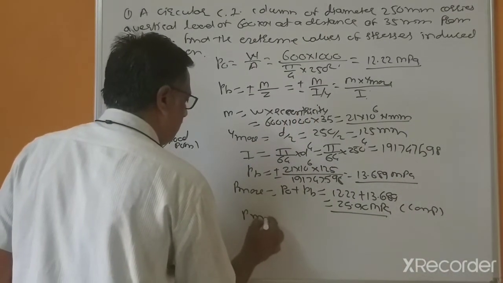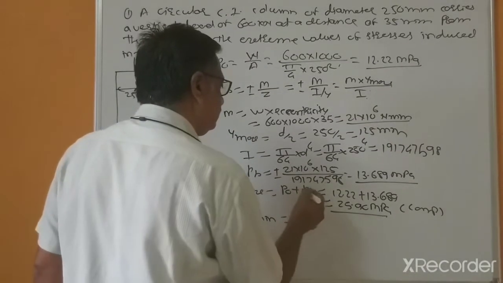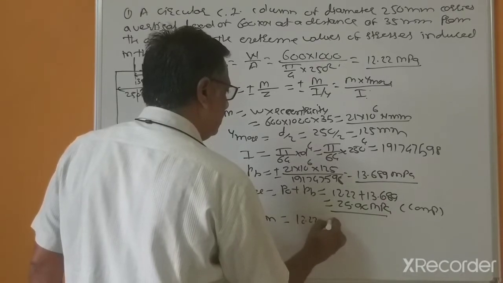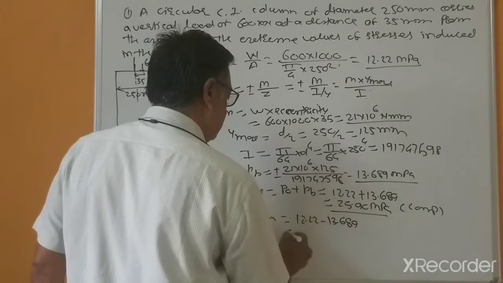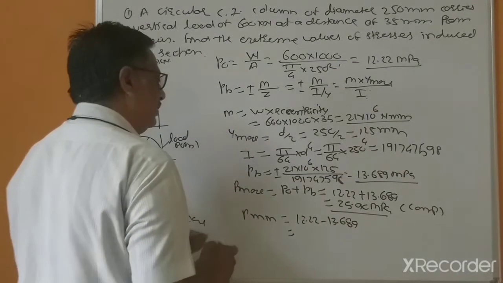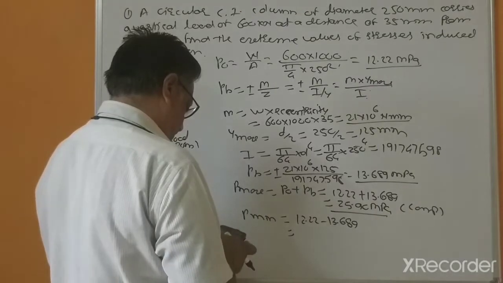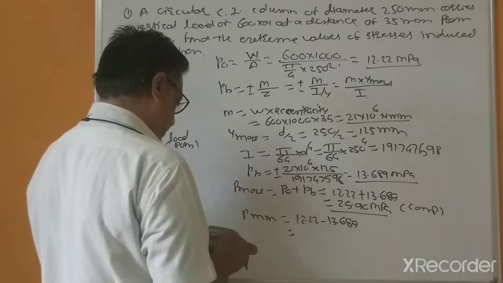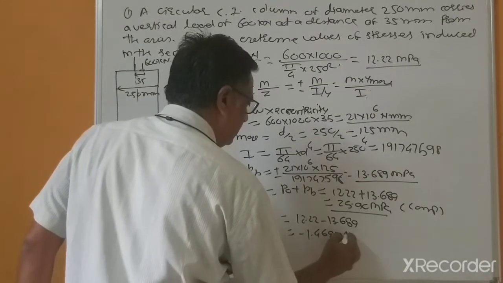The minimum equals direct stress 12.22 minus 13.689, which equals minus 1.469 megapascal.